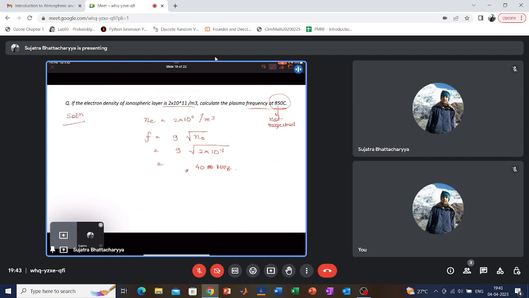No, 4 megahertz, sorry. It's about 4.02 megahertz. Okay, so this is the simple solution we have done in this assignment also, so this will be helpful.